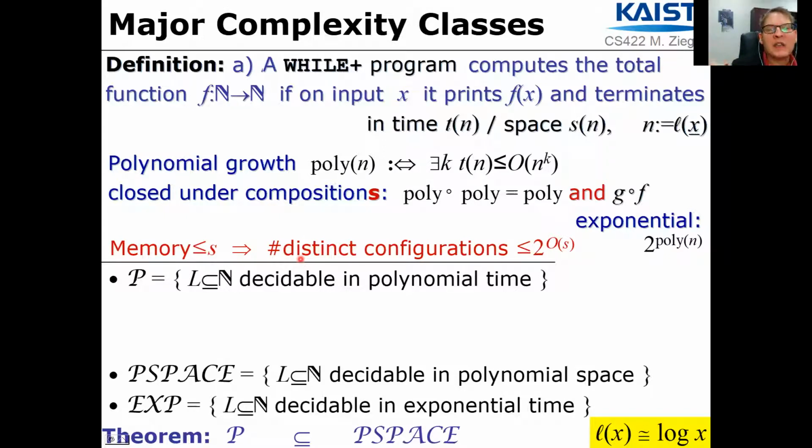Otherwise, if any configuration repeats, then since we're talking about deterministic while-path programs, it implies that some configuration occurs repeatedly. When a configuration recurs a second time, both the program counter and the values of all the variables are the same as at some time earlier.